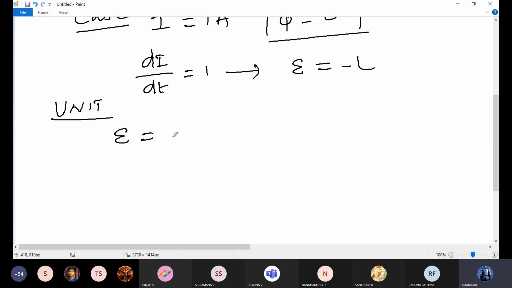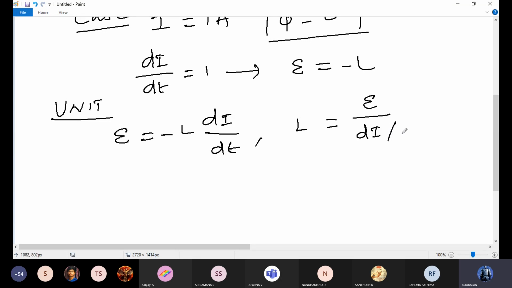E is equal to minus L di by dt. Okay, I need only the value of L. So L equal to E divided by di by dt.